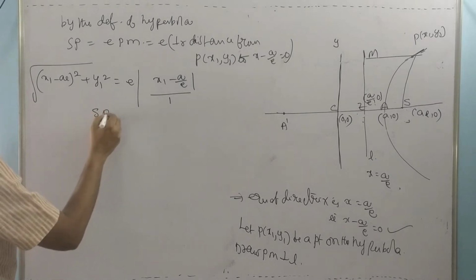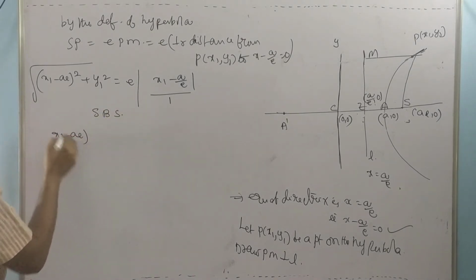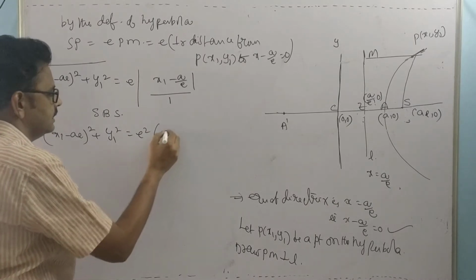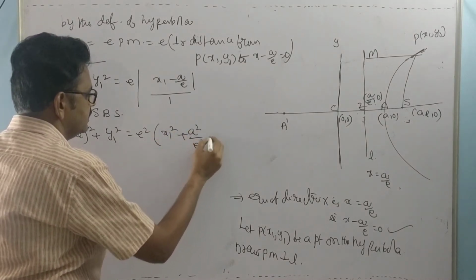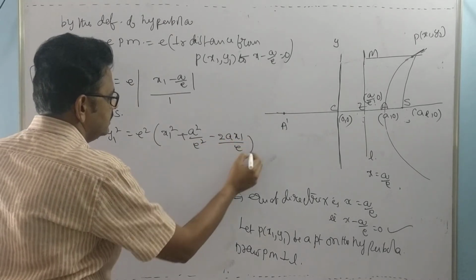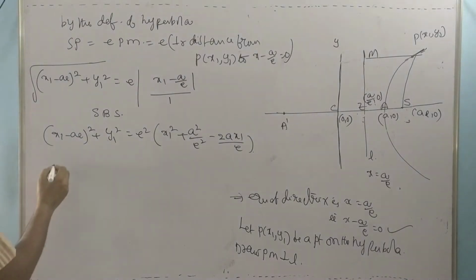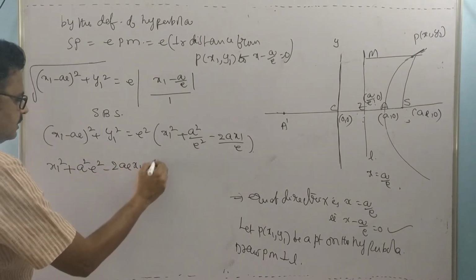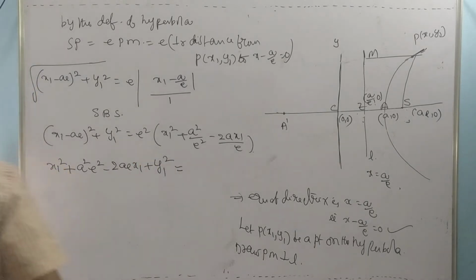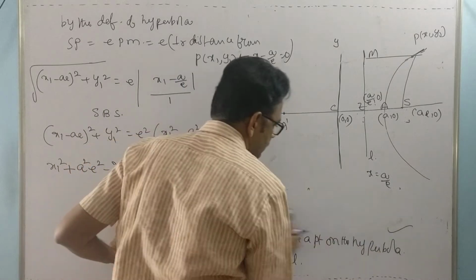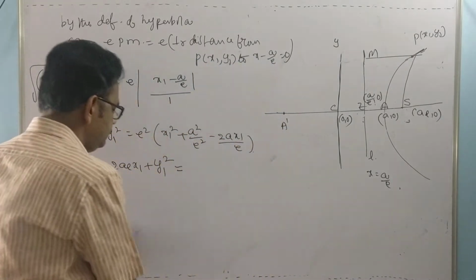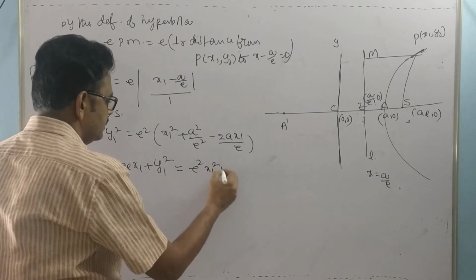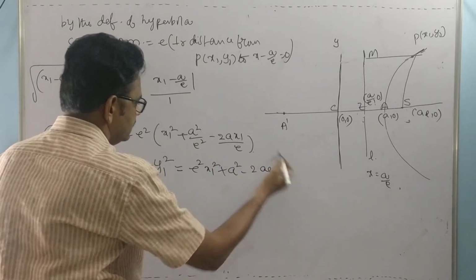So squaring on both sides, x1 minus AE whole square plus y1 square is equal to E square into, so this is x1 square plus A square by E square minus 2A x1 by E. So this is x1 square plus A square E square minus 2AE x1 plus y1 square is equal to E square x1 square plus A square minus 2AE x1.